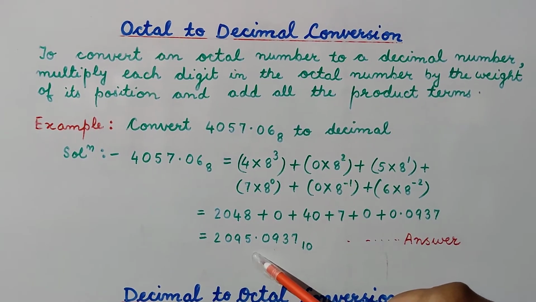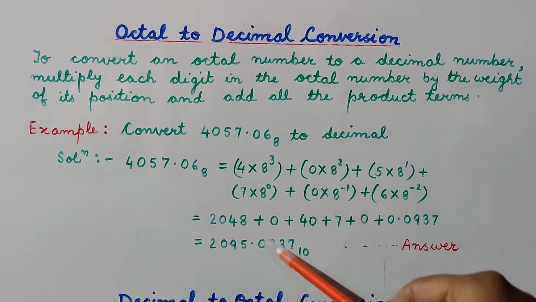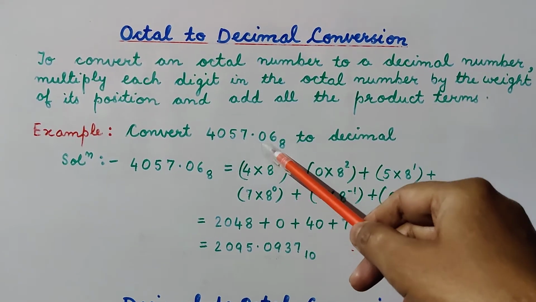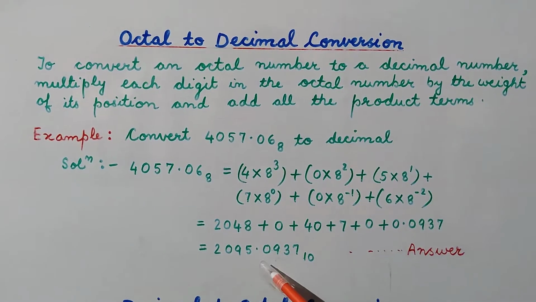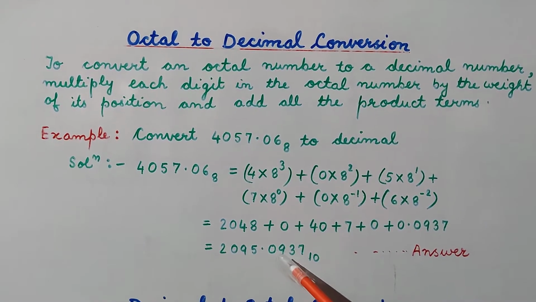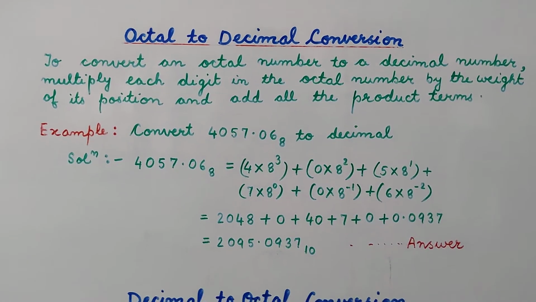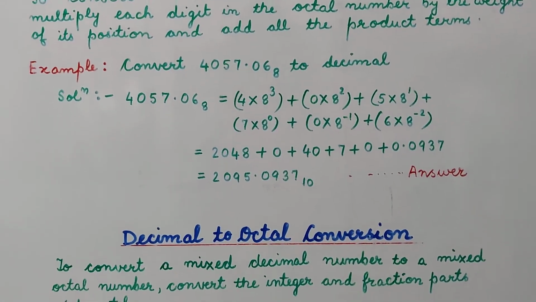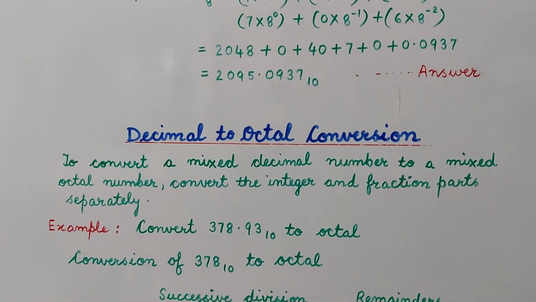This is the value in decimal number system. So if we convert 4057.06 to decimal, the answer will come out to be 2095.0937.